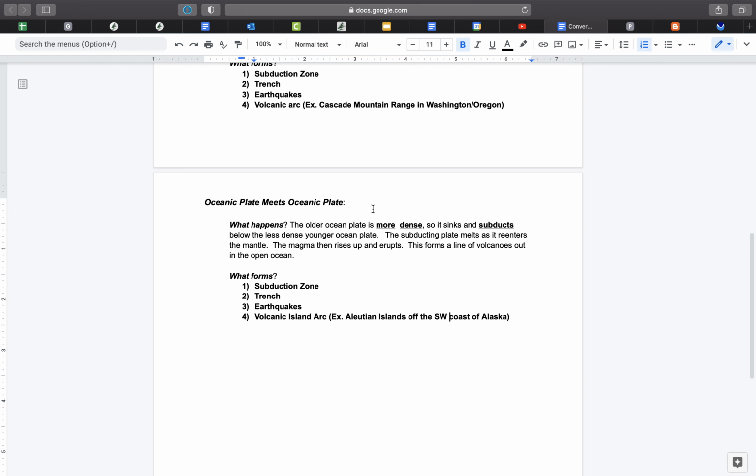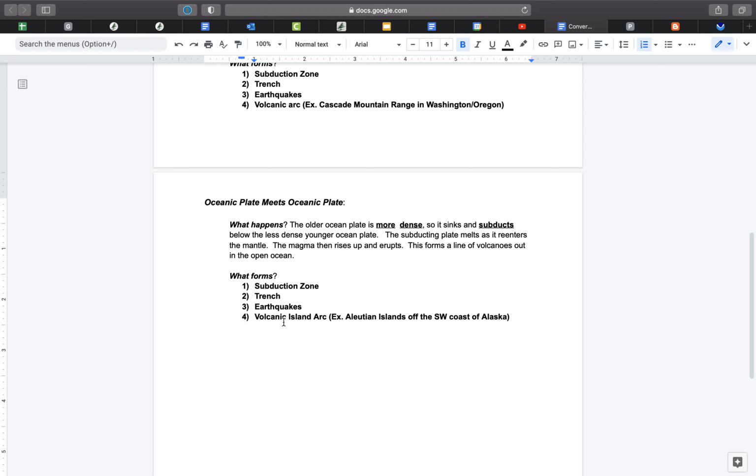So as long as you have at least one oceanic plate, and in this case we have two oceanic plates, one of them is always going to subduct. And again, when you have subduction, you get that group of things that occurs. You have that subduction zone, you have that underwater trench, you get earthquakes again, just because you're moving large amounts of rock and releasing energy.